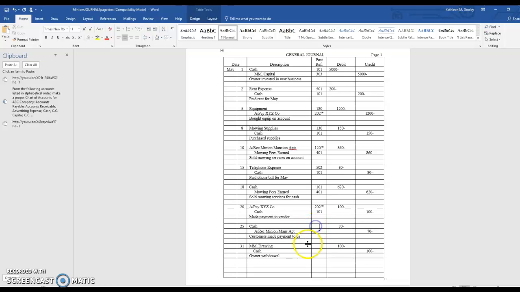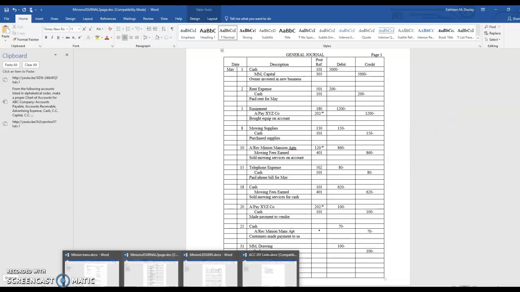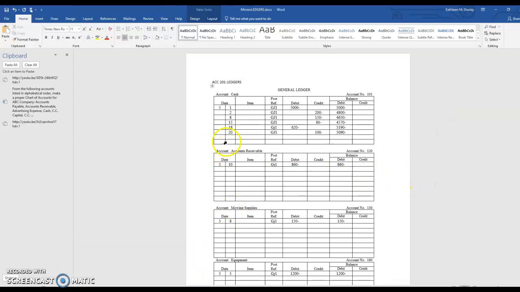Okay, here we have debit to cash on the 25th of $70. Debit of $70. Okay, this is a debit and a debit, so we're going to add $5,090 and $70. That's $5,160.